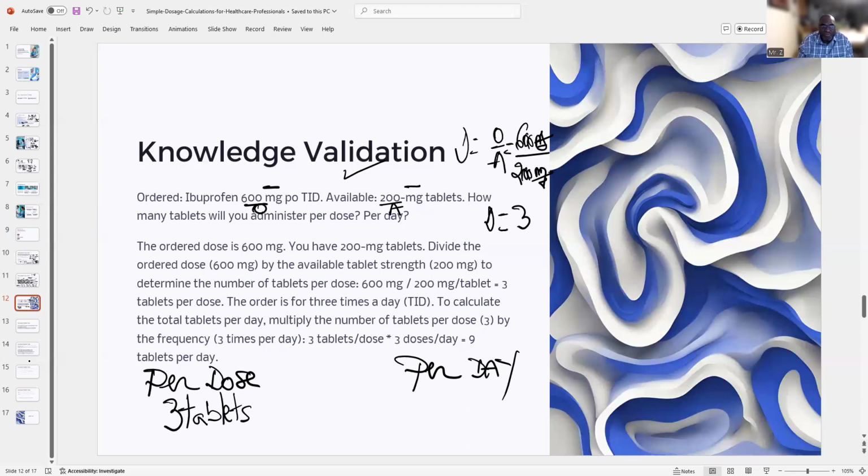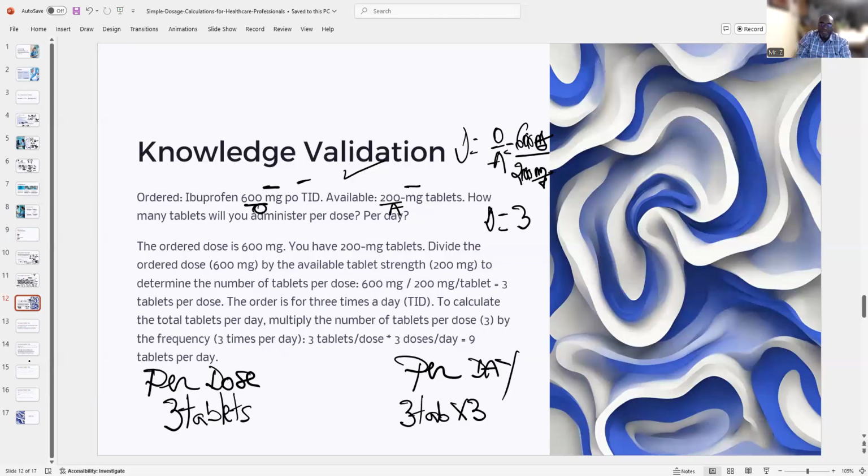But in the 24 hours, since it's a TID, you have per dose, your single dose, 3 tablets, multiply that by 3 because it's 3 times a day. One time, a single dose, 3 tablets. Second time, another 3 tablets, that gives you 6. The third time, another 3 tablets.